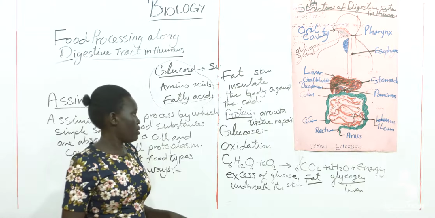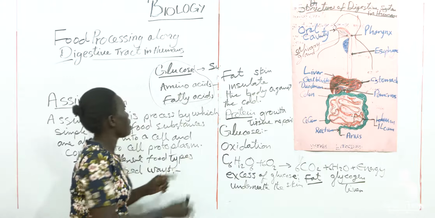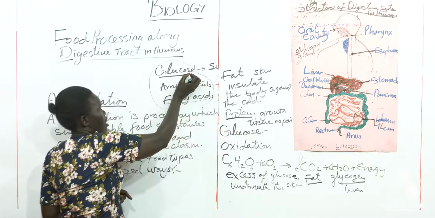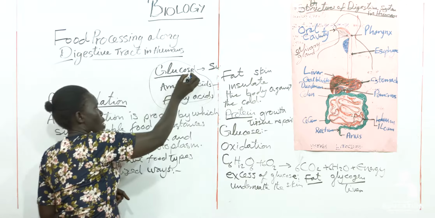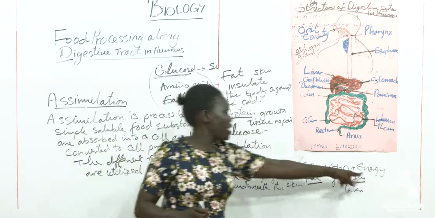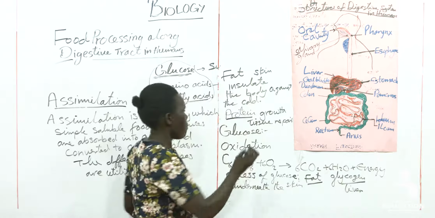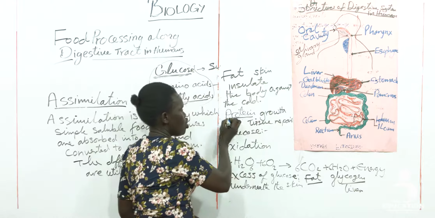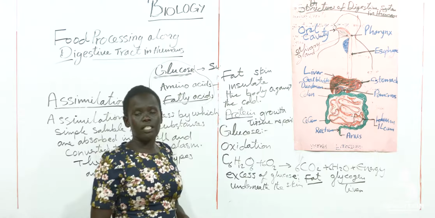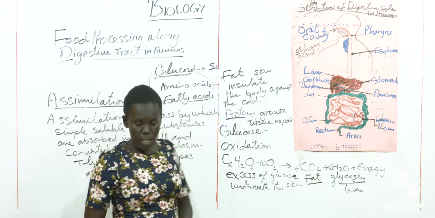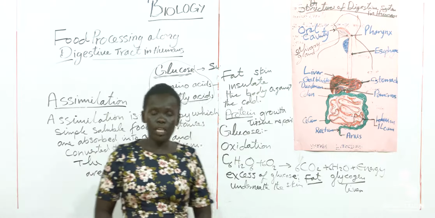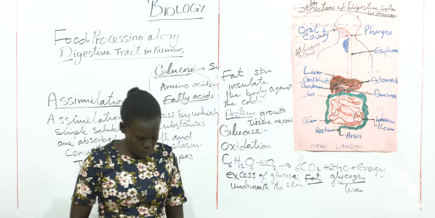But in case the body has less glucose, or the blood has no glucose or fatty acid to produce energy, then proteins also will be used, oxidized, to release energy so that the body can carry out some biological activities.